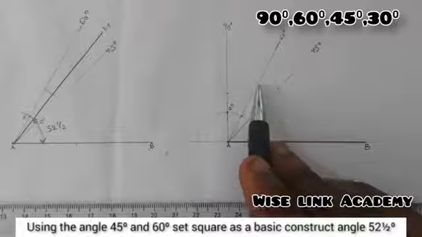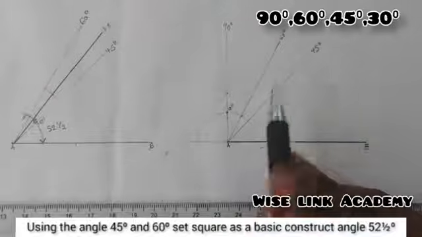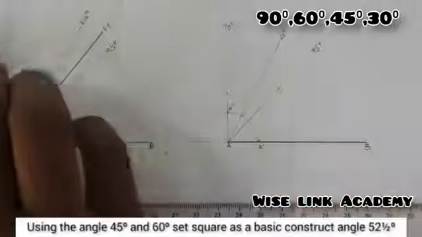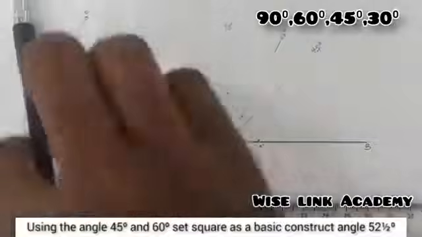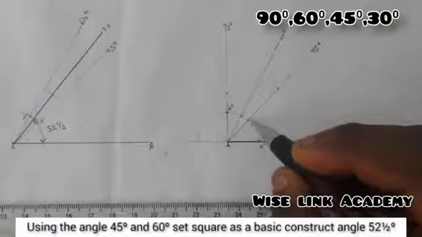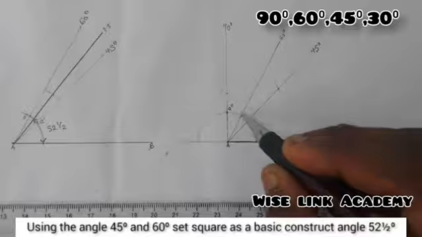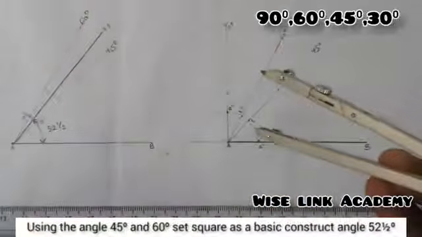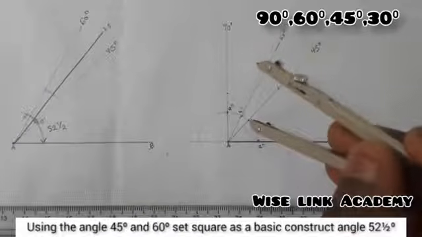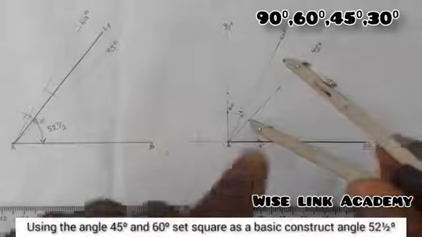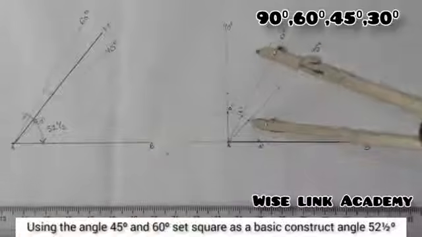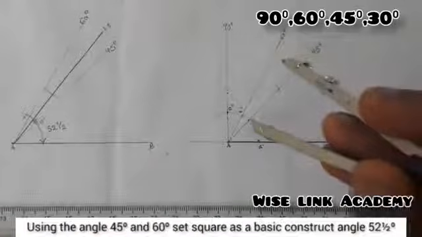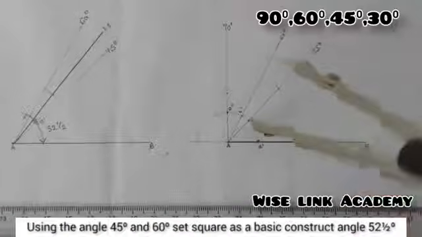Now you know I cannot get 52 and a half unless I bisect the angle between these two to get 7.5. So I'll take my compass. I will call this point here my point B, and this point here my point B prime prime. Now at my point B, let me just extend it so that you can see the arc, so it's not connected to other arcs. At point B, strike an arc this way.